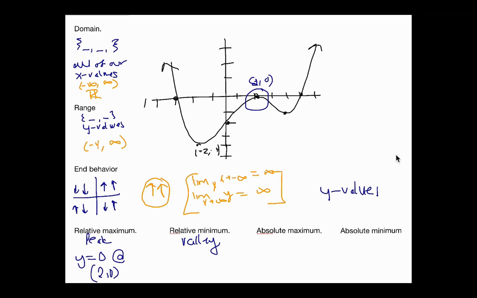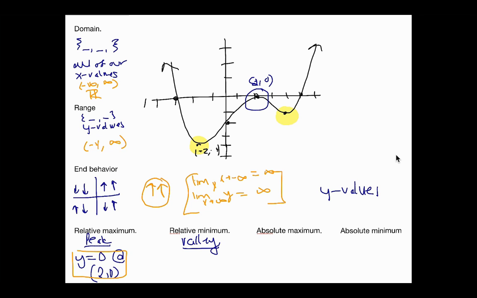Versus our relative minimum, we have two values. That is occurring here and here. So those are the two valleys in our graph. And this should have been an orange.